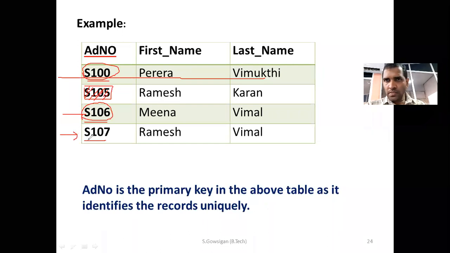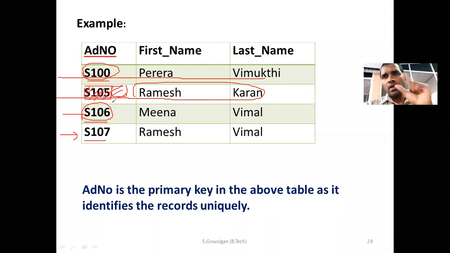When I use S107, I could identify Ramesh, right? But look at the second one. Can you identify the second record with that admission number? No, for the second person, the admission number is not there. It is empty. There is nothing.